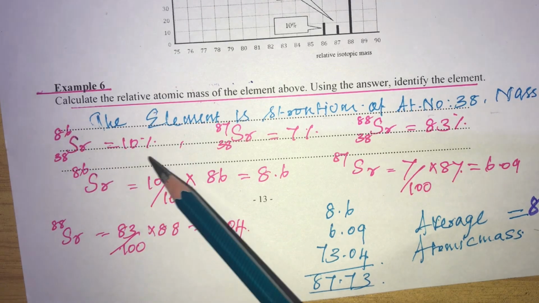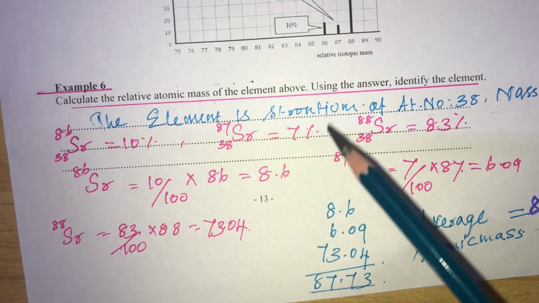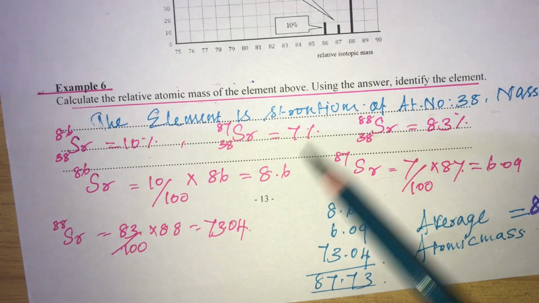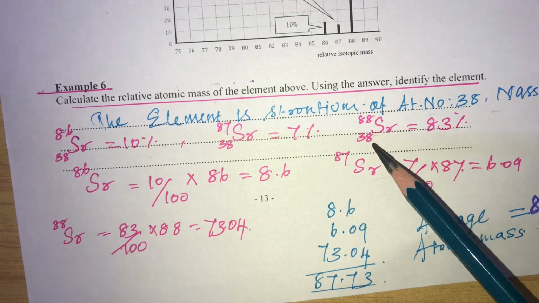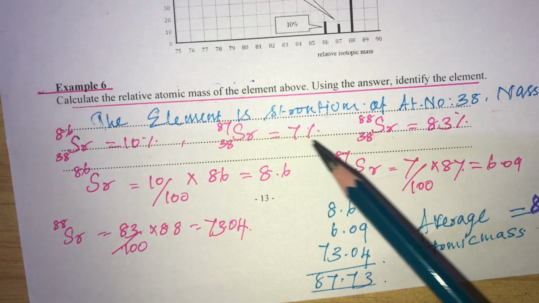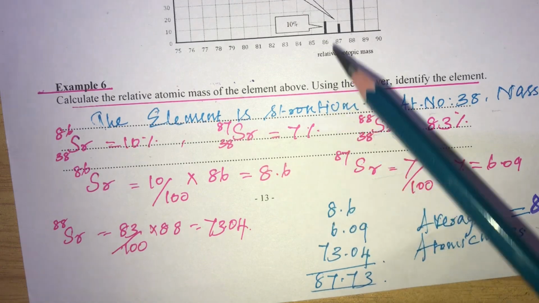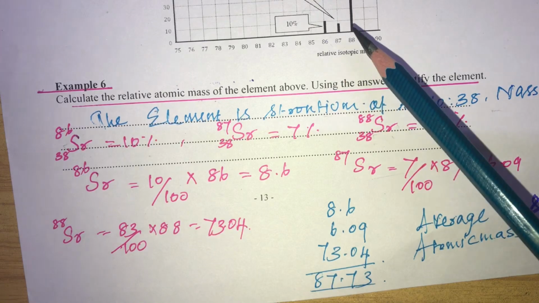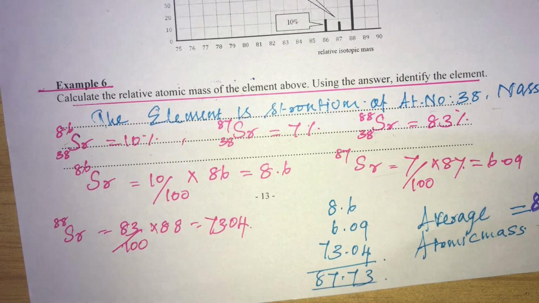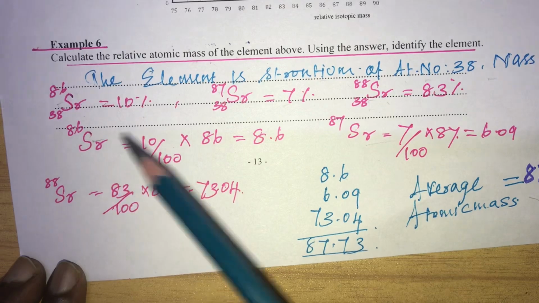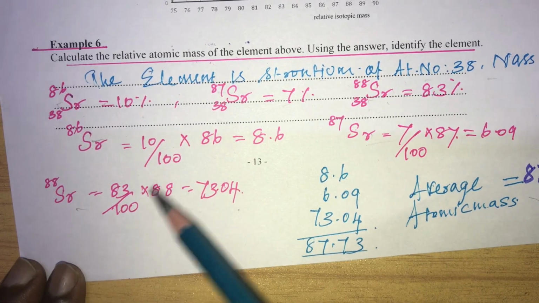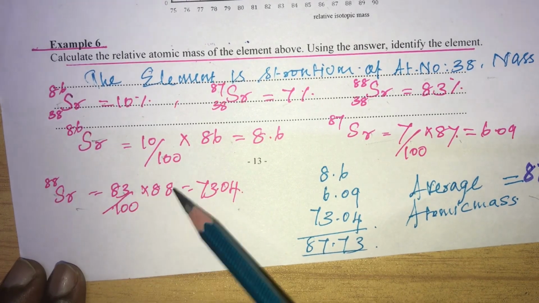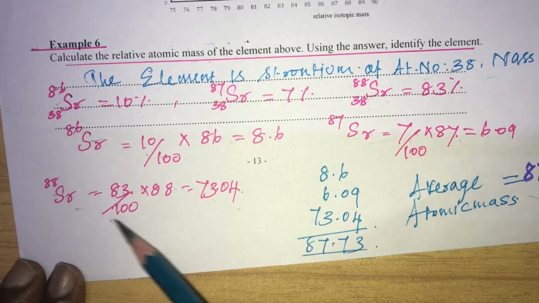Strontium 86 is 10% present, strontium 87 is 7% present, and strontium 88 is 83% present, according to the percentages. So for 86, 87 and 88: 10%, 7% and 83%.